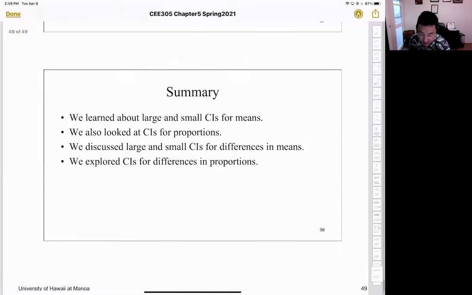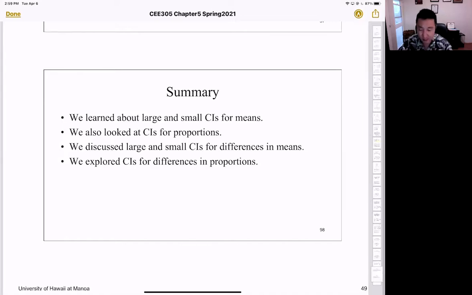That's it for chapter 5. In chapter 5 we learned confidence interval for large sample and small sample, for mean value, difference between mean values, for proportion, difference between proportions, and for paired data.